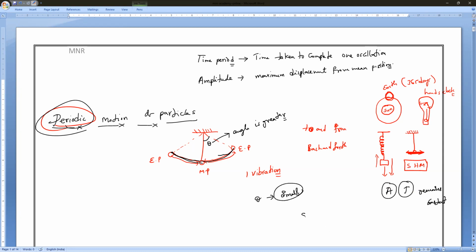Then that motion of a particle is called SHM, simple harmonic motion.